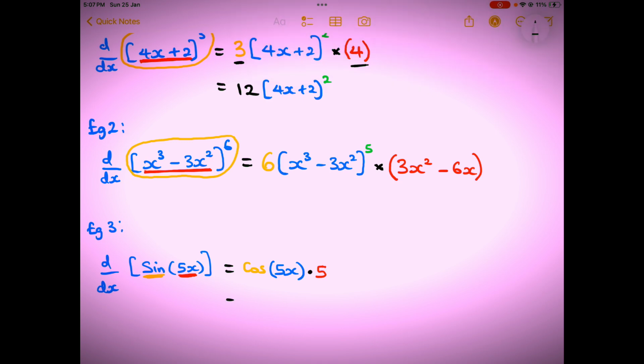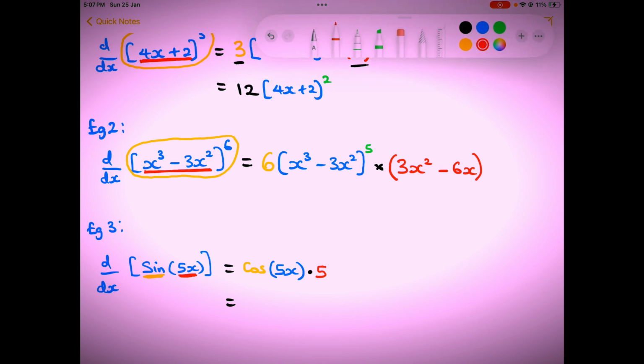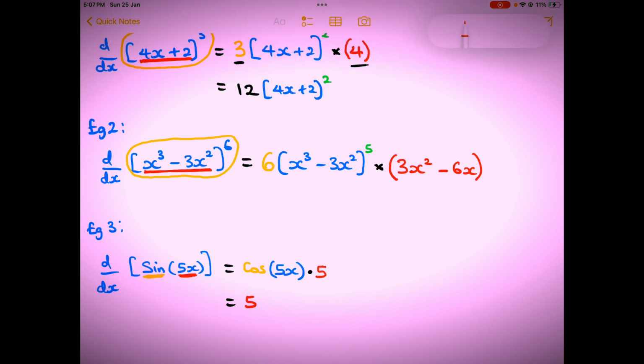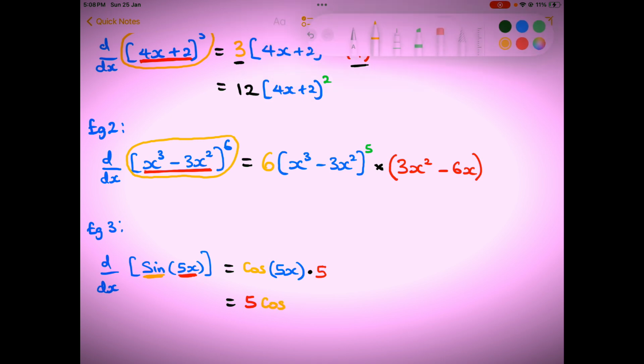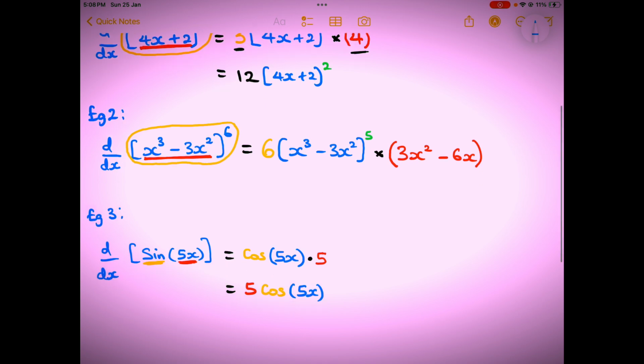So I can simplify further by putting it in this form. 5 cos of what? Cos of 5x. So this is what I am getting so far as the third question is concerned. Now let's check one more.